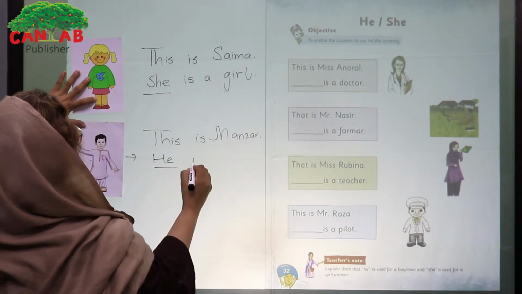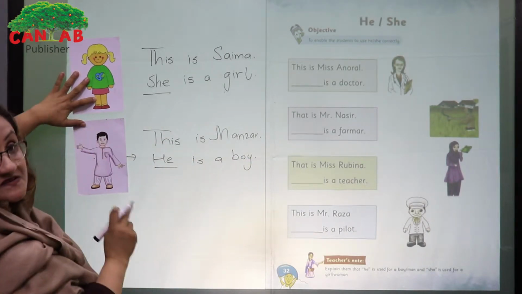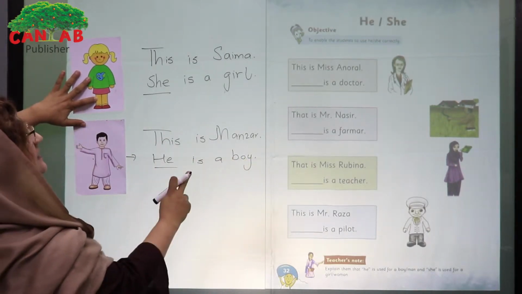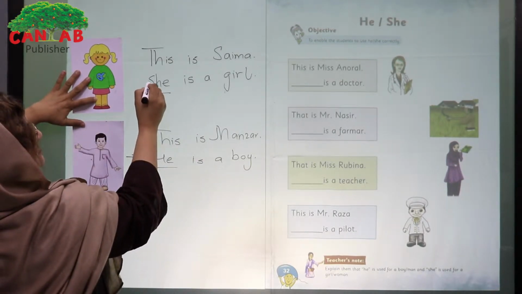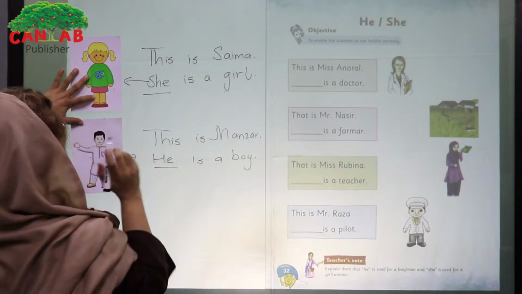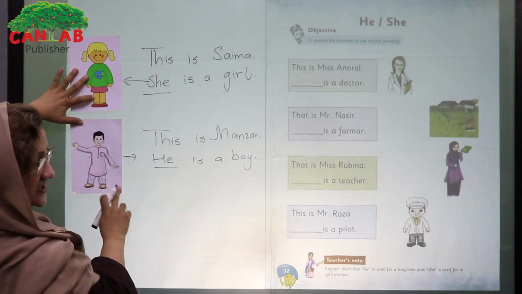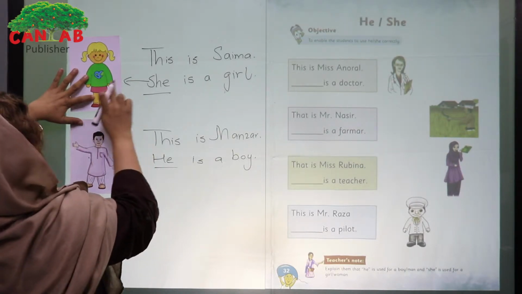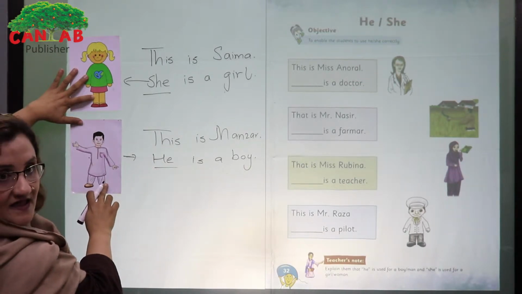He is a boy. Manzar is a boy. He is a boy. It means that the word she is used for the female and he is used with the male. She is used for a girl and he is used for a boy.